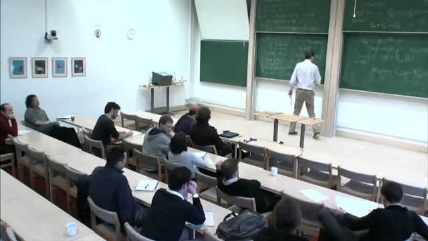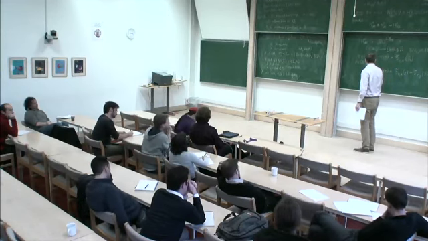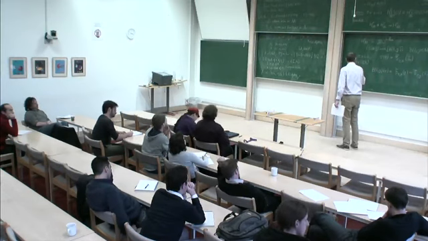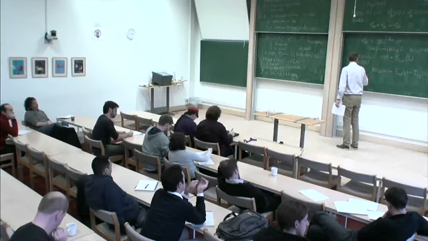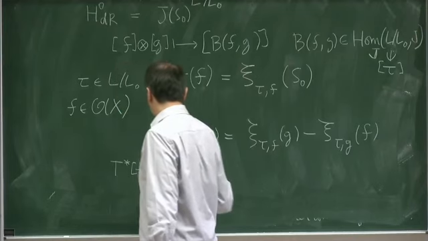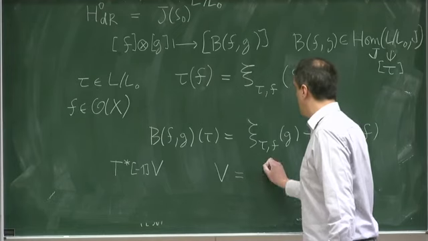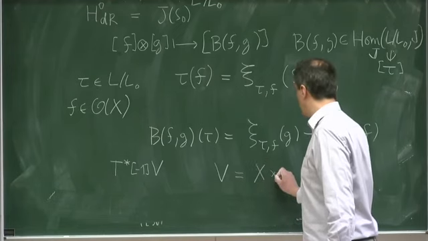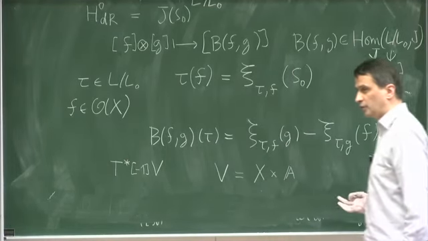Right. So what is the construction? What you will have is something like this. You want to construct this variety T minus 1 of V. So V will locally be some X times some affine space. So locally you will be able to construct it in this way.